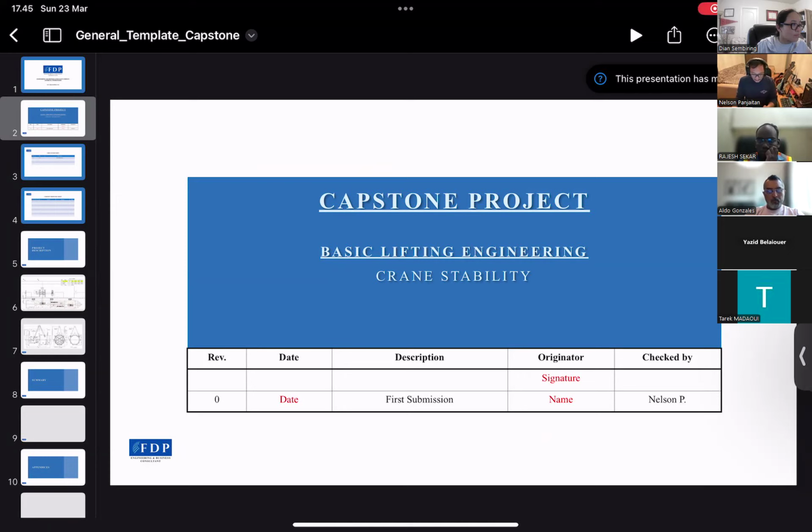Now I will give some explanation about how the capstone project works. Here we will treat it the same as a real project, and we want to build two-way communication between us, FDP, and you.